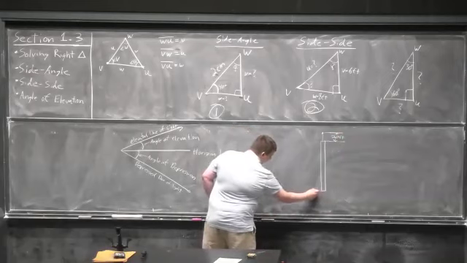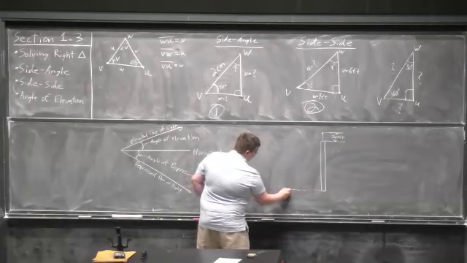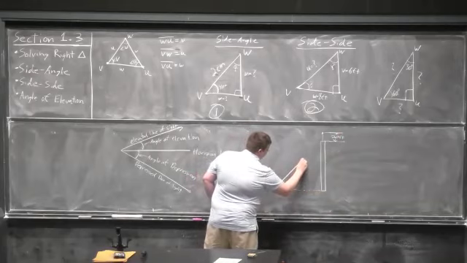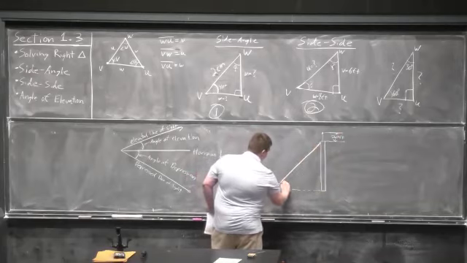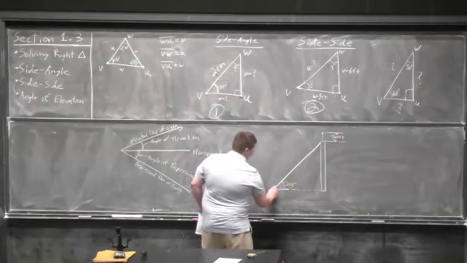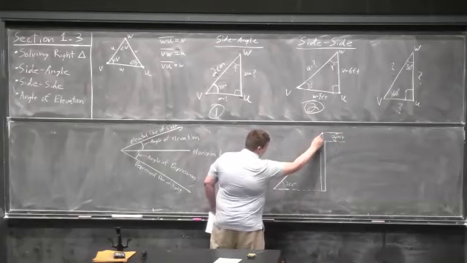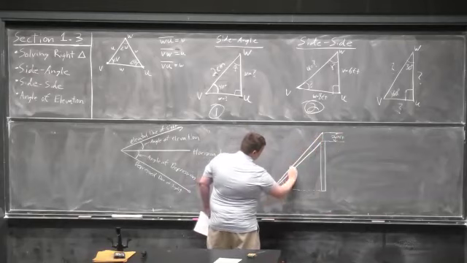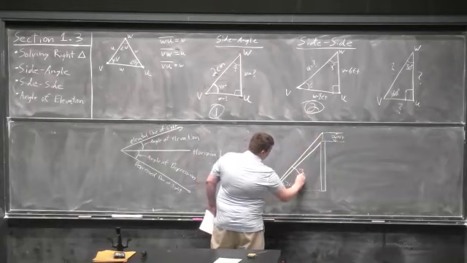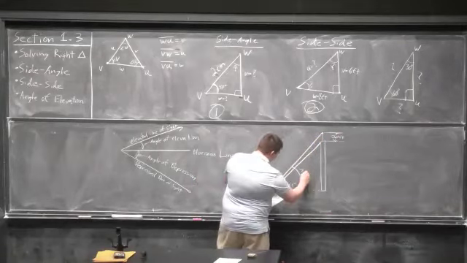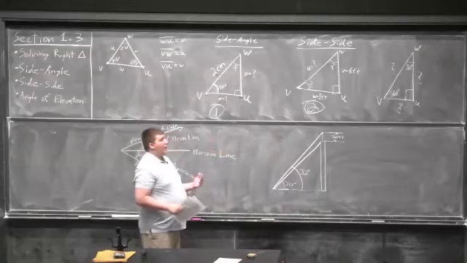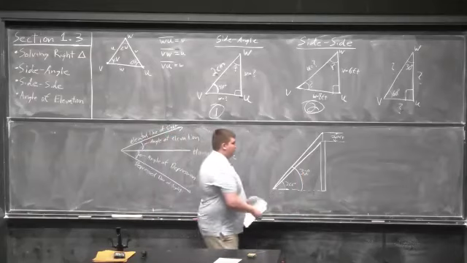So when I'm on the ground, I'm here. This angle, say, is 26.6 degrees. And when I look at this angle, that is 32 degrees. How high is the building?